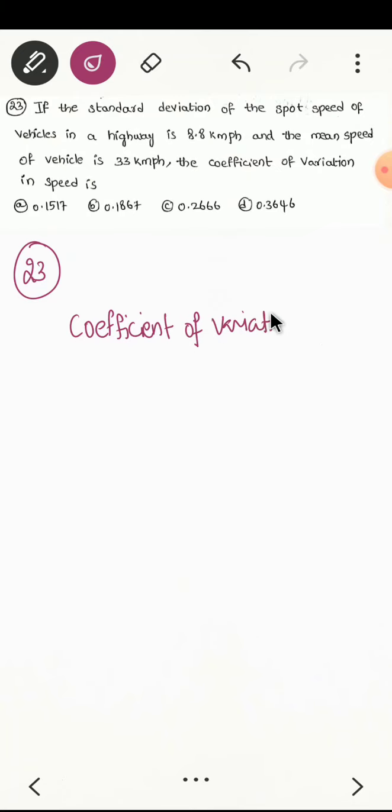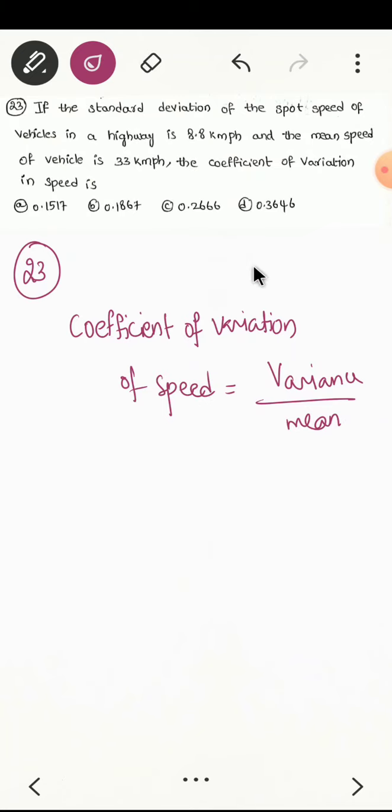Coefficient of variation can be given as the square root of variance by mean, that means standard deviation by mean.